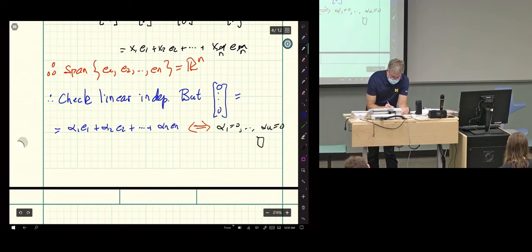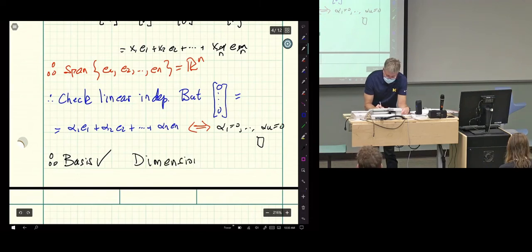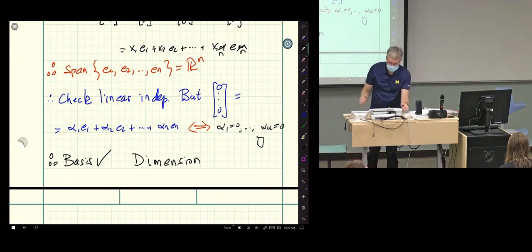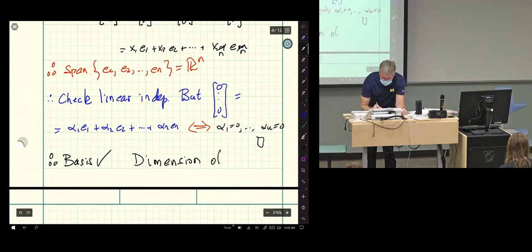Okay, so conclusion: basis, check, and then the dimension of Rn. It would have been funny if it was 2n, right? It would have been funny if it was n minus 4, but the dimension of Rn is n. Yep, it's an n-dimensional vector space.